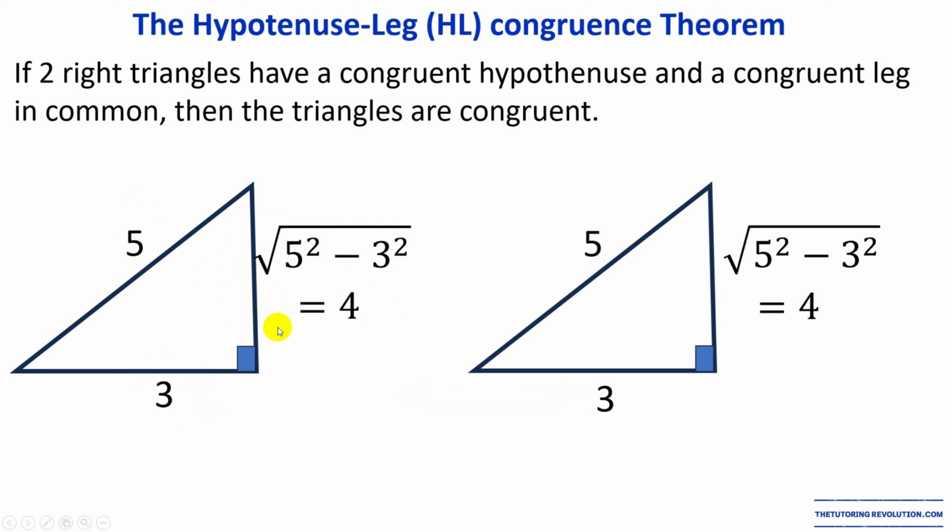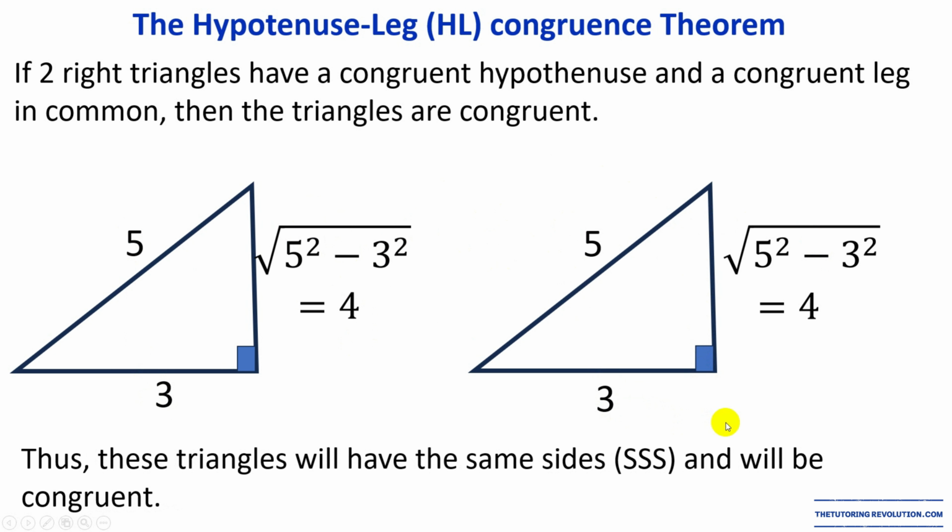So by the Pythagorean theorem, we know that the missing leg can be calculated and will be the same because the hypotenuse and the other leg are the same. So by SSS, these two triangles will be congruent. So the hypotenuse-leg congruency theorem can be proven using the SSS postulate.